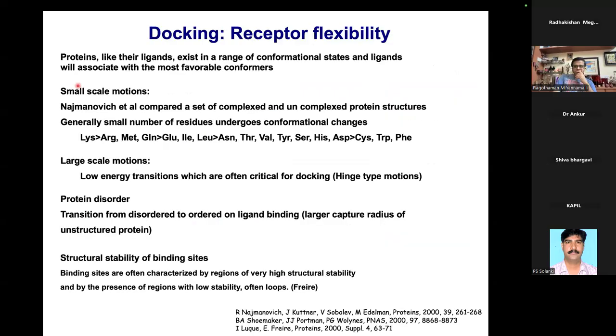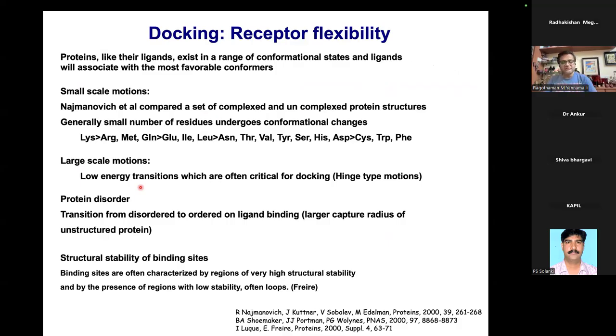Okay. So, receptor flexibility is something that most of the tools are now taking into consideration, because they know that the lock and key model, where you keep the receptor rigid and only move the flexible ligand and dock it, is just half of the story.